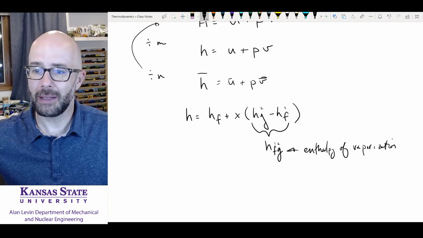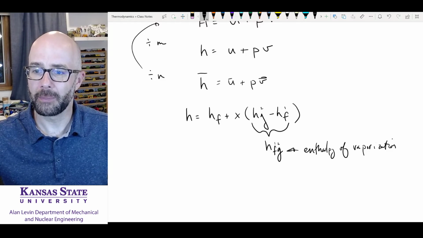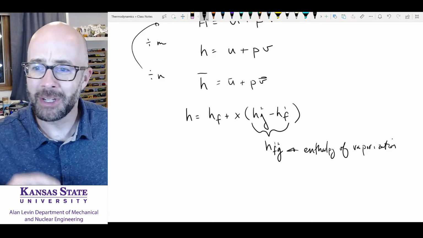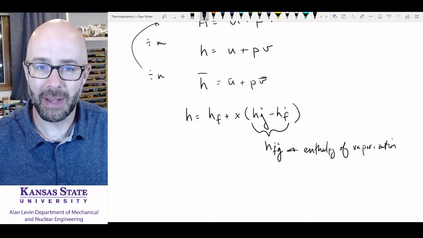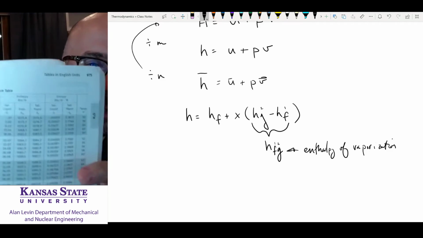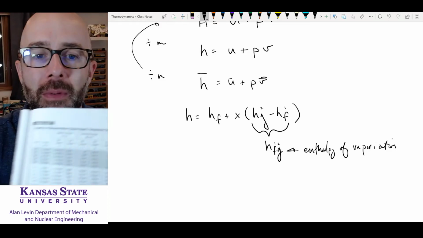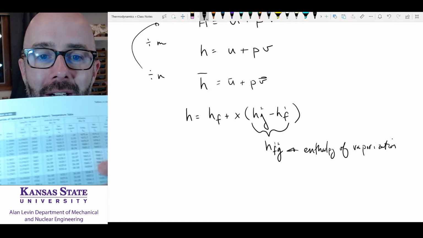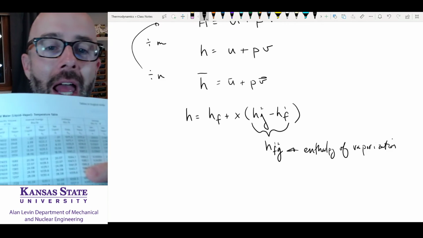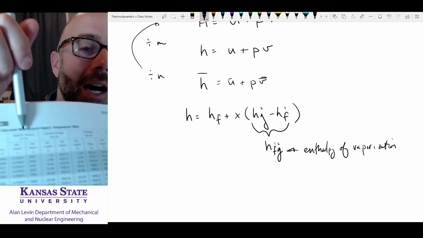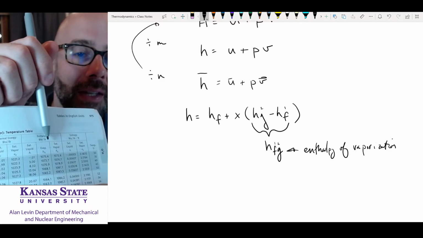I'm going to pause for a second. My document camera is not working today, so I have to go back and work on it. But I want to show you on your properties tables here. There is going to be an enthalpy column. There it is, the enthalpy column.